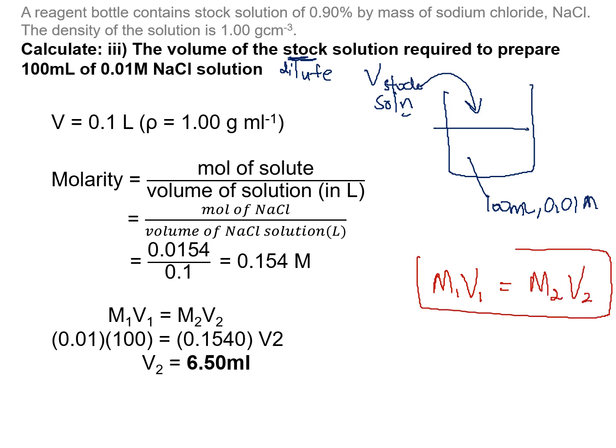It doesn't matter which one you decide to be stock or dilute. So let's say Miss decides M1 V1 is the dilute, and M2 V2 is the stock.